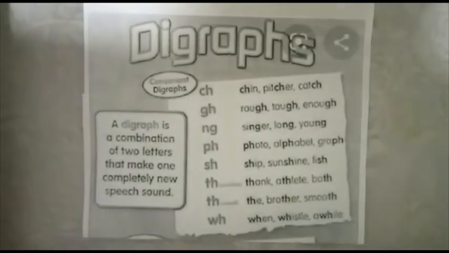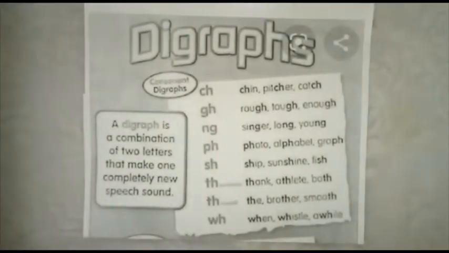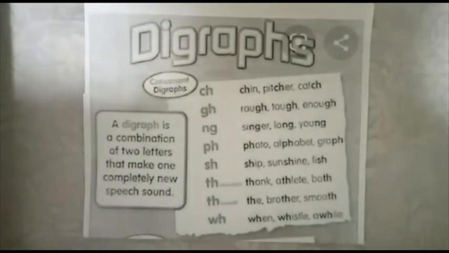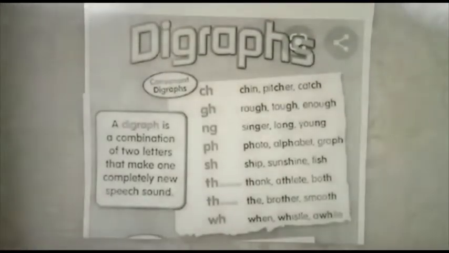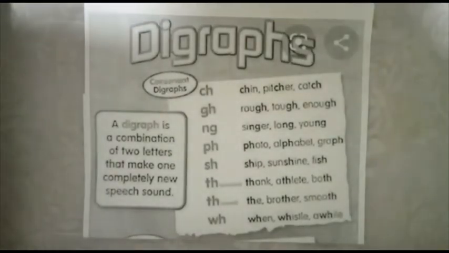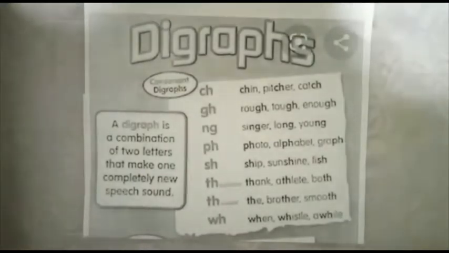When T and H letters come together, it can be voiceless, like th: thank, outlet, both. On the other hand, TH together can also make a voiced sound, like brother, smooth. Sometimes TH is voiceless and sometimes TH makes the voiced sound.